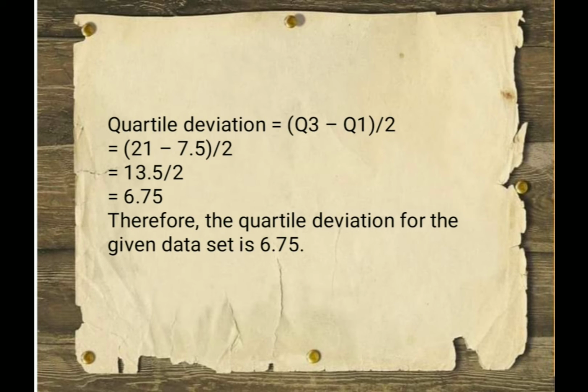We already found our Q3 and Q1, so we proceed to the quartile deviation formula, which is Q3 subtracted by Q1, divided by 2. Q3 is 21 and Q1 is 7.5. So 21 minus 7.5, divided by 2, is equal to 6.75. Therefore, the quartile deviation for the given data set is 6.75.